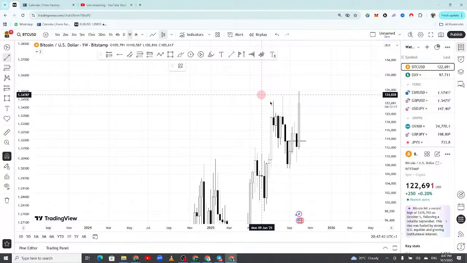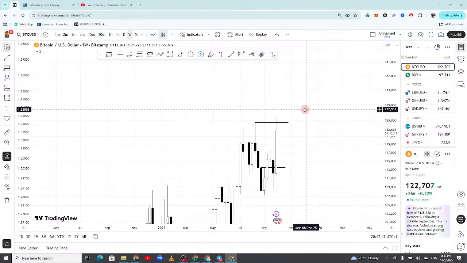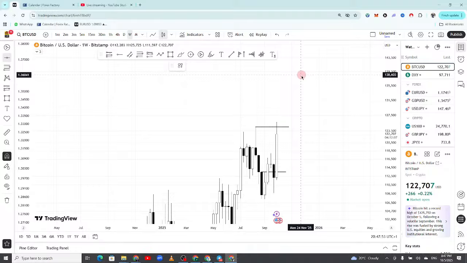We have created a new all-time high, but I was looking at 130,000. Looking at 130,000 is the most logical area for this to trade up to.